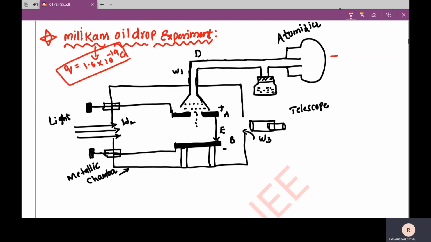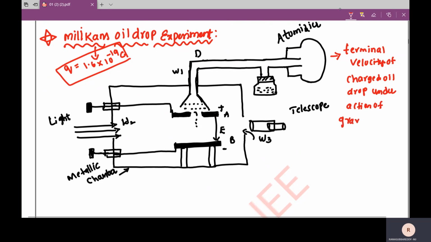Here, in order to find the charge of the electron, Millikan used the terminal velocity. He measured the terminal velocity of a charged oil drop under the action of gravity and electric field.